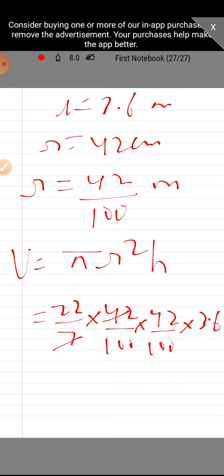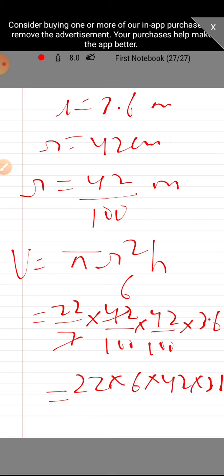Now 7 sixes are 42. So now you can multiply all the numbers in the numerator. So 22 into 6 into 42 into 3.6, and we have 10,000 in the denominator.